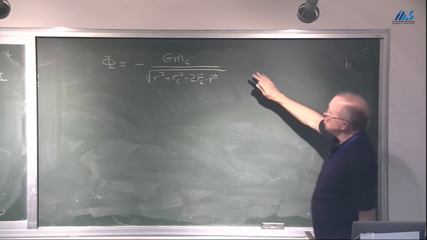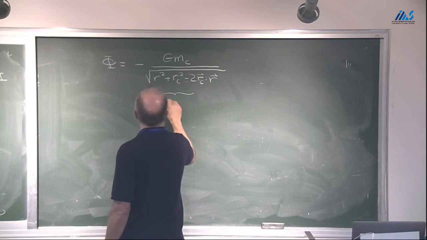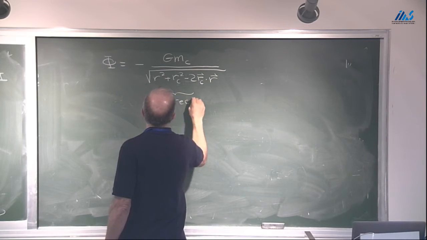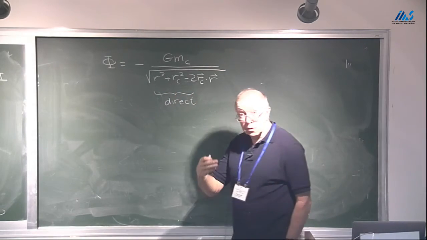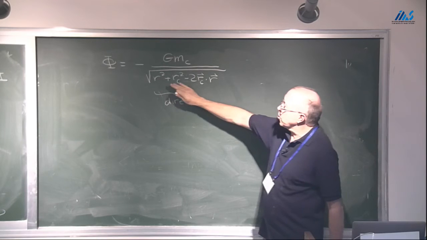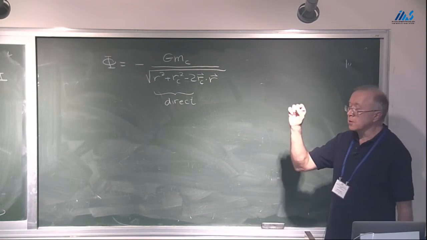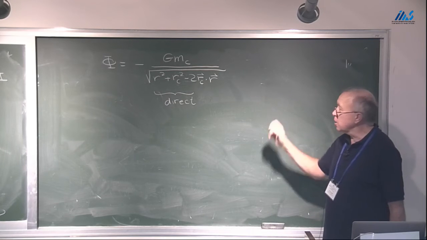However, there's an additional term. This is the direct gravitational potential due to the companion star. However, we're working in the frame attached to the host star of the planet, and the host star of the planet is being accelerated by the companion star.